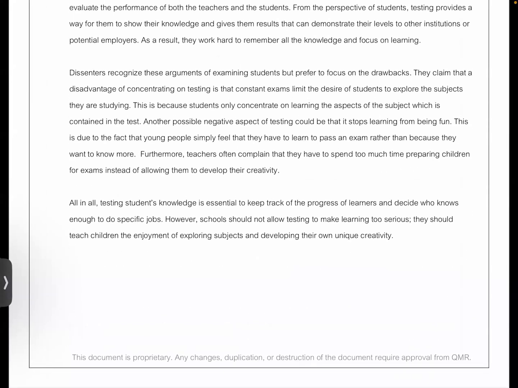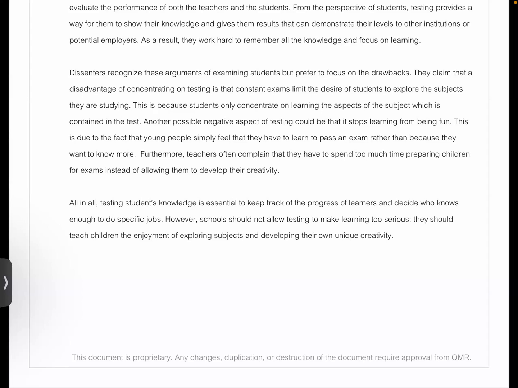Okay. Here comes the final paragraph. All in all, testing students' knowledge is essential to keep track of the progress of learners.